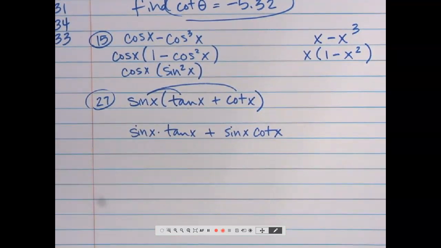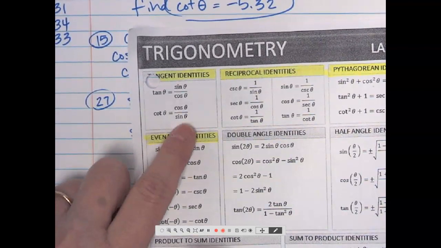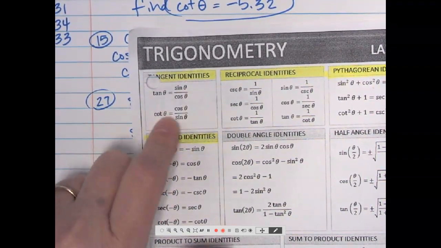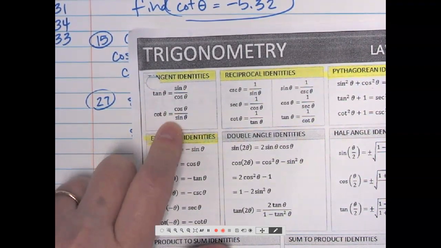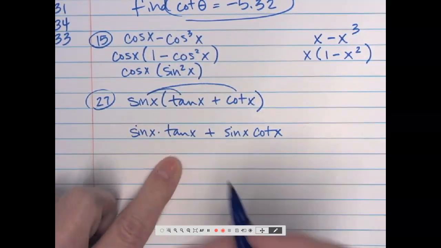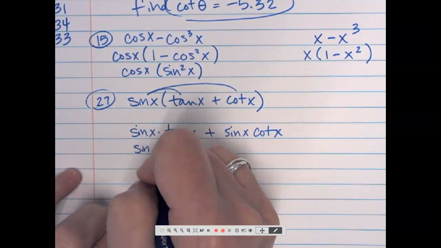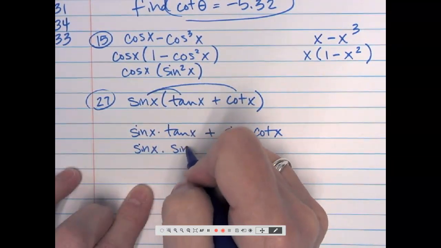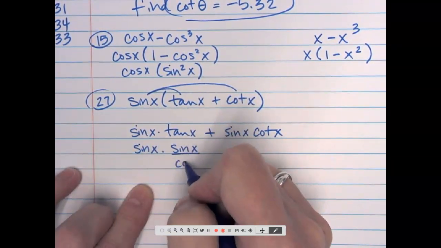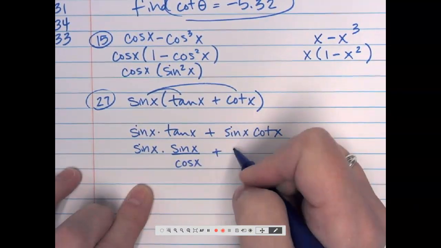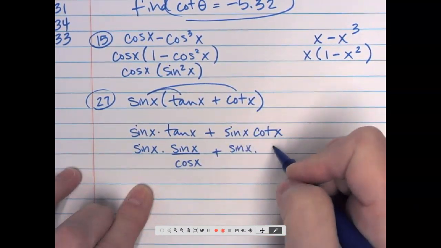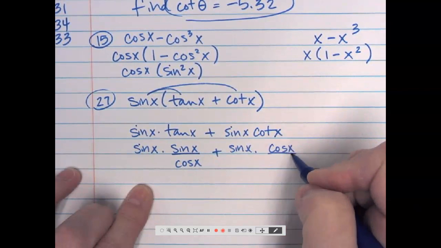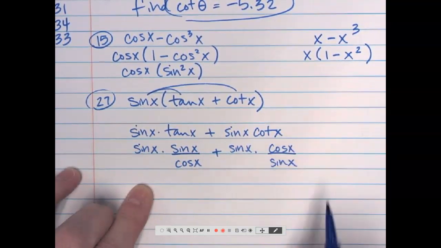So the directions are telling us to change everything in terms of sine and cosine. So that's another clue to use this, because this box here is where I would find those identities to convert these two things in terms of sine and cosine. So tangent is sine over cosine, and cosine over sine is equal to cotangent.